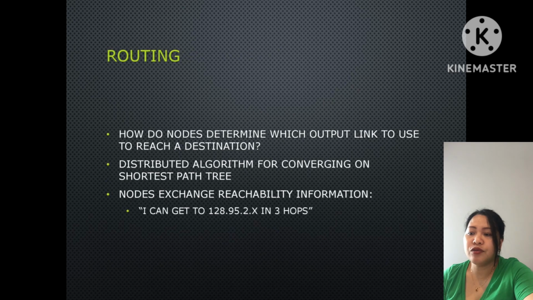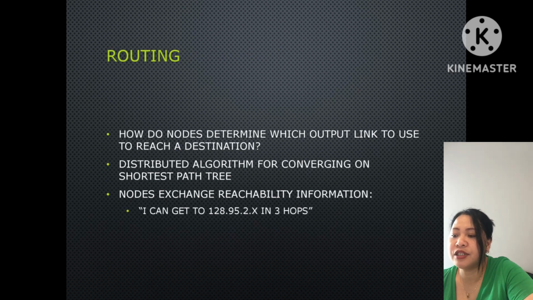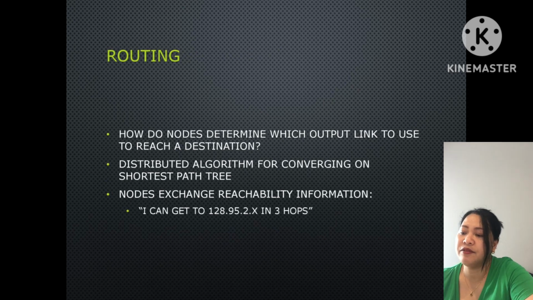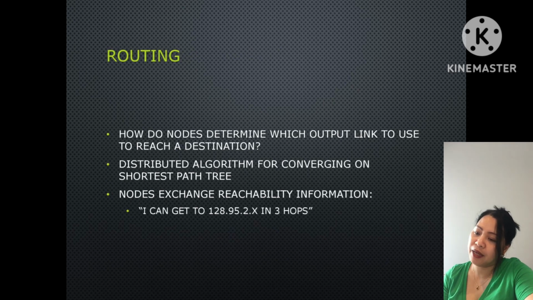Routing: how do nodes determine which output link to use to reach a destination? A distributed algorithm converges on shortest paths. Nodes exchange reachability information: I can get to 128.95.2 in 3 hops.